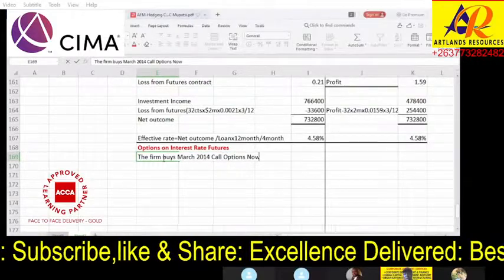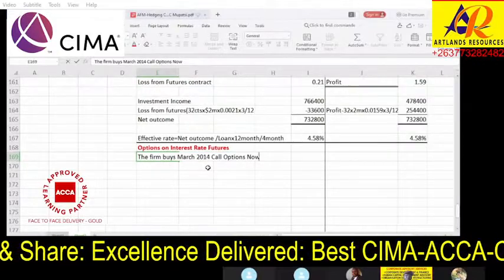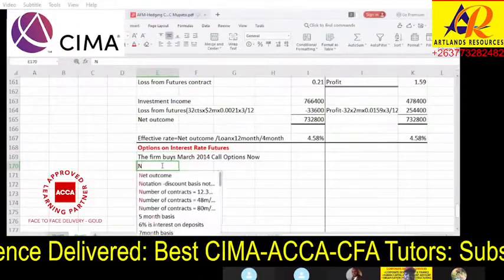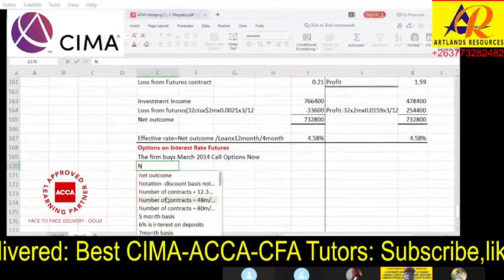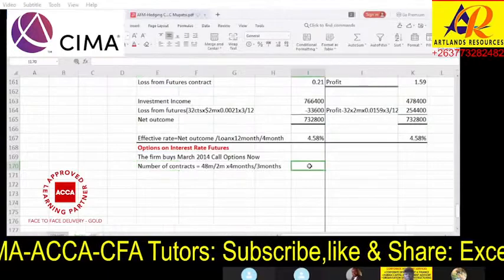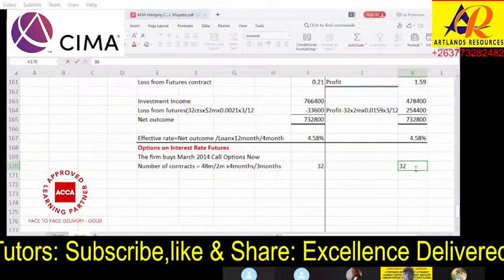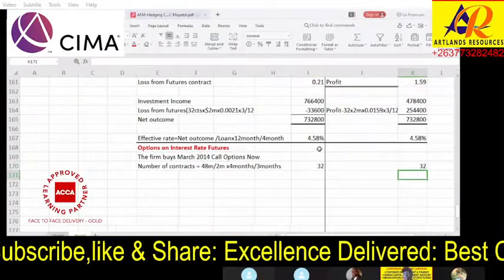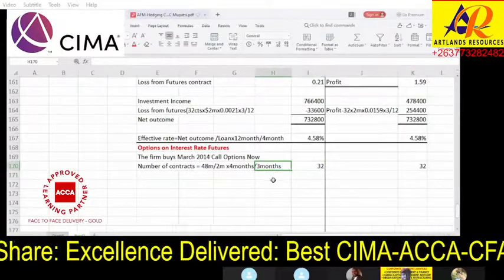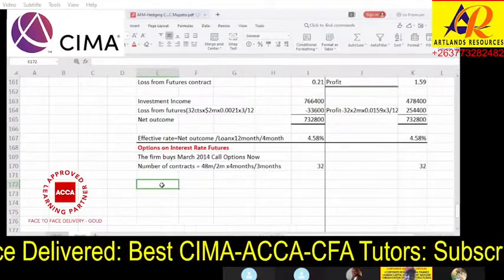options now. This is so important because the examiner already knows that you know the premium to take with this statement. Number of contracts, because there are 3-month contracts again, so you can say number of contracts. You just use what we have done there, which is 32 again here. It's 32 on this side, and then after you have calculated the number of contracts, what you can now do is you have strike price.